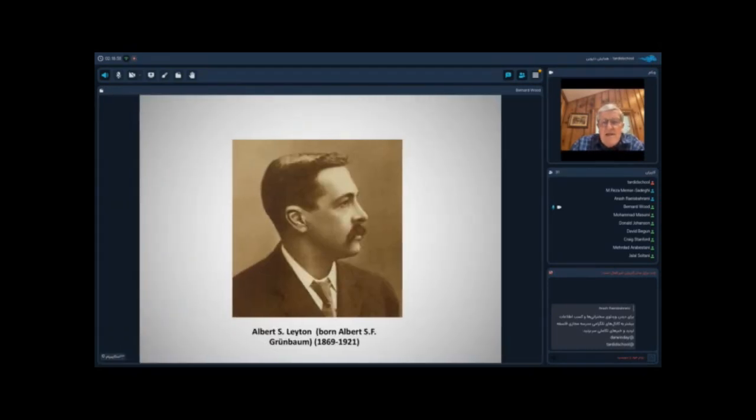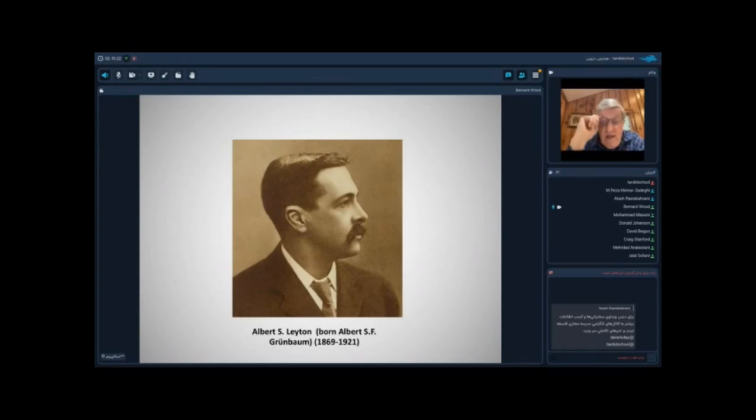However, when you look into the literature, there was another person who investigated this who doesn't really get the credit that he deserves. And this is a guy called Albert Leighton, who used to be known as Albert Grunbaum, but who very sensibly changed his name during the First World War from Grunbaum to Leighton.